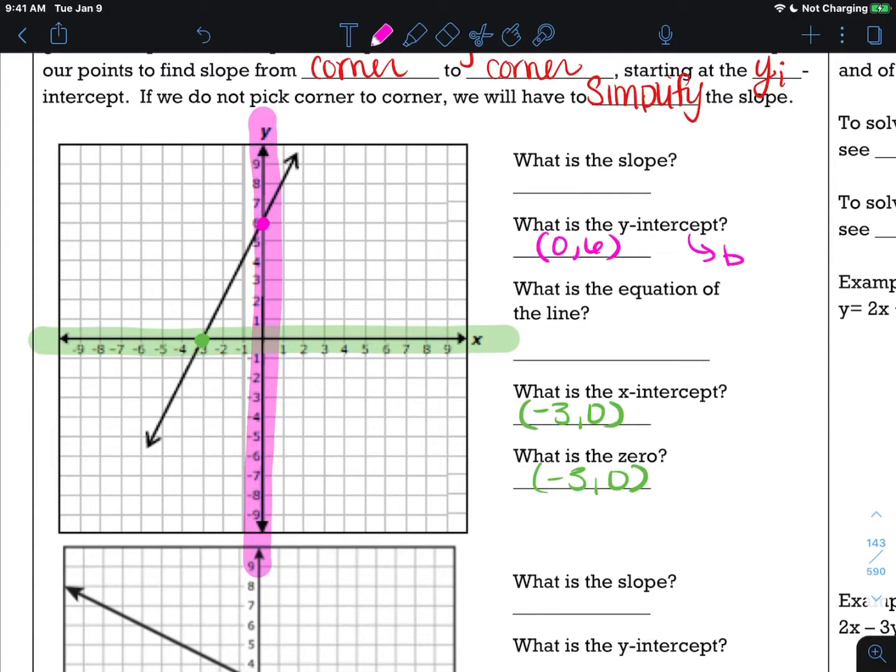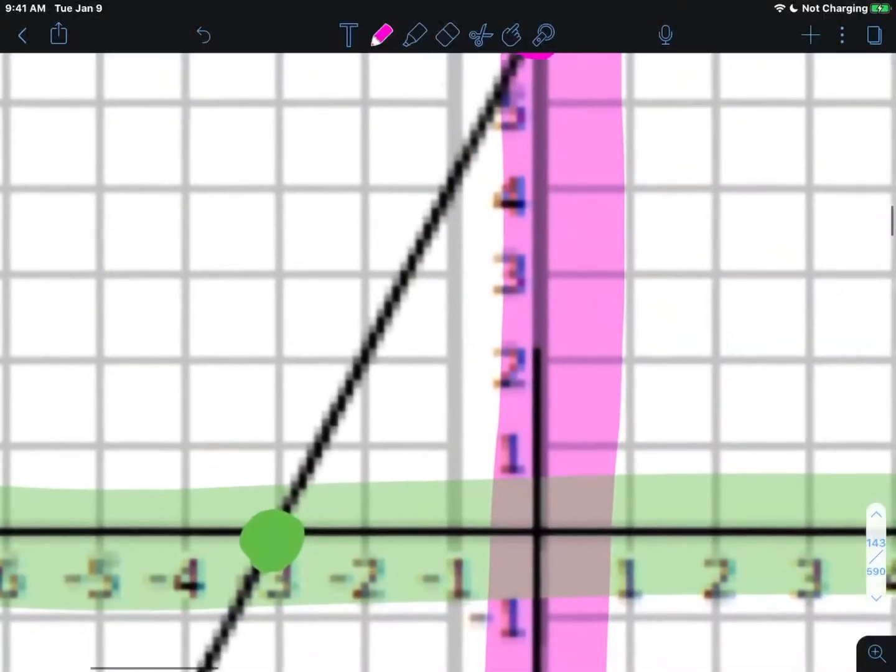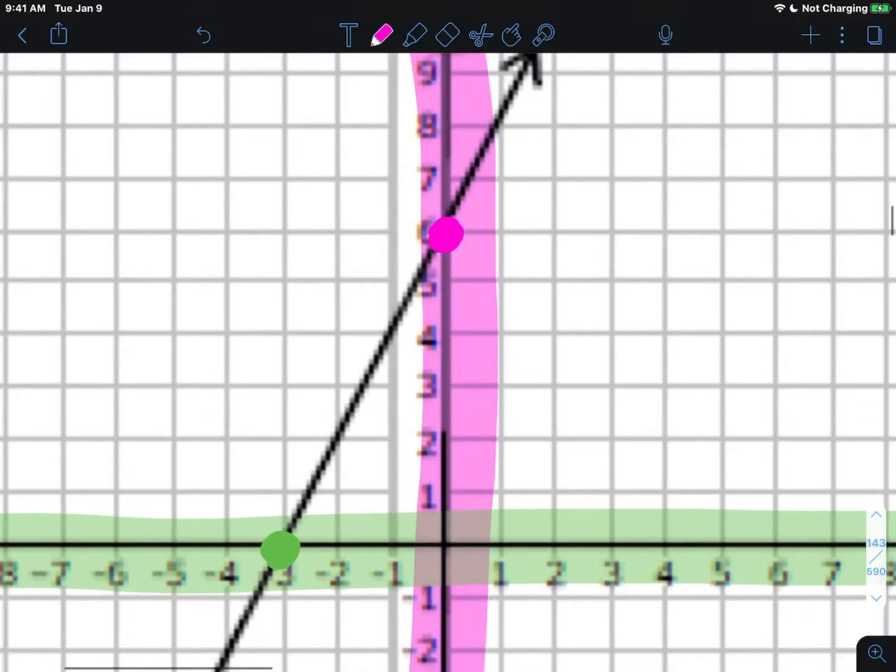Now, how in the world do I find that tricky slope? Okay, so here's the thing. I like to make it super simple. Other people have other methods. But what I like to do is I always just look for 2 points that go exactly through the corners of the boxes. So as you can see, this one was, let me change colors here.